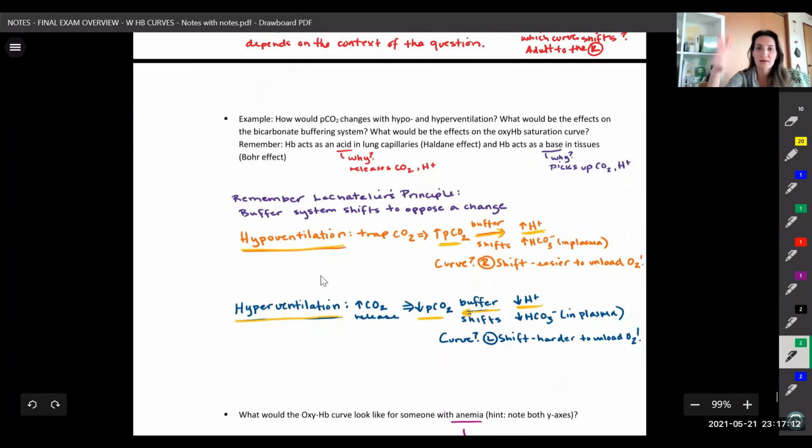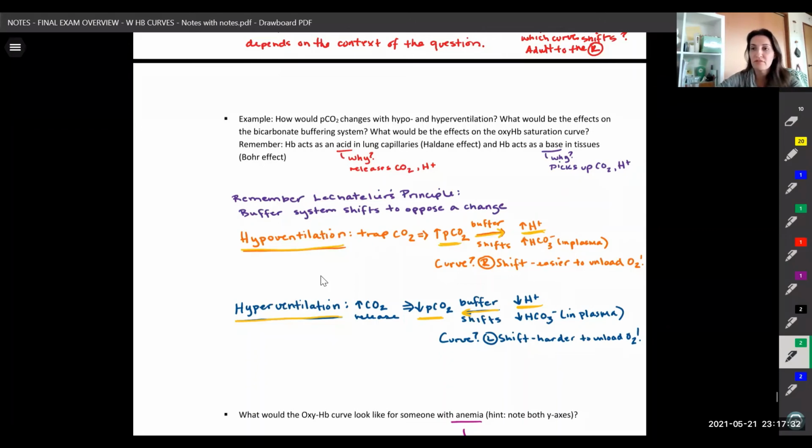So here I'm writing the buffering equation, keeping in mind that for a simple buffering system, we're just following Le Chatelier's principle, where we see a shift in the direction of that chemical reaction to oppose the initial change.